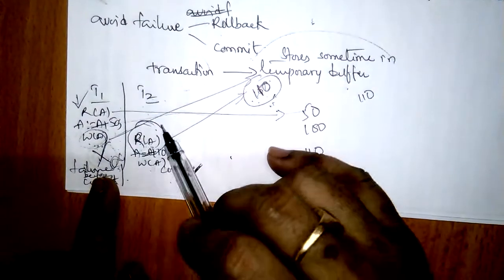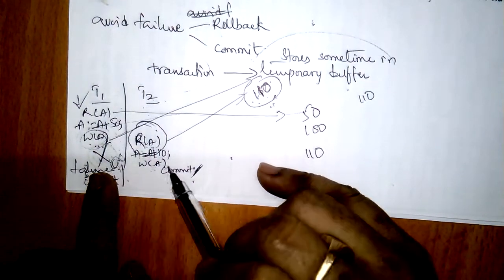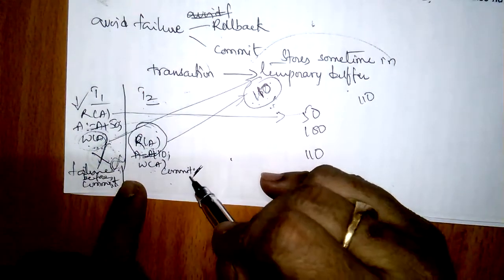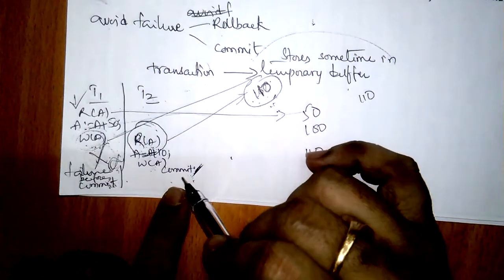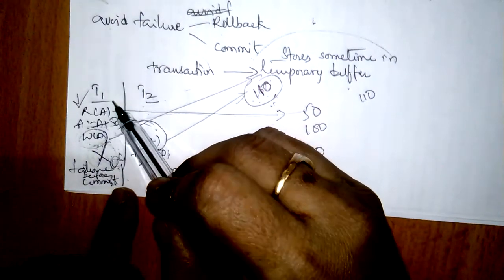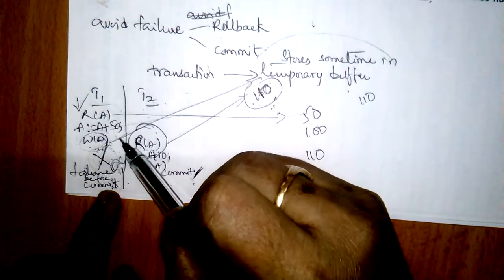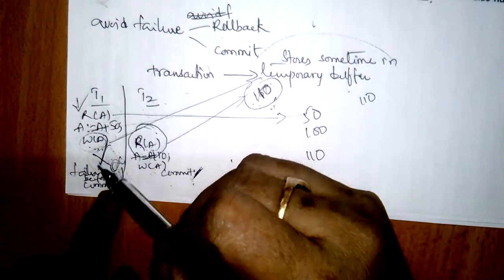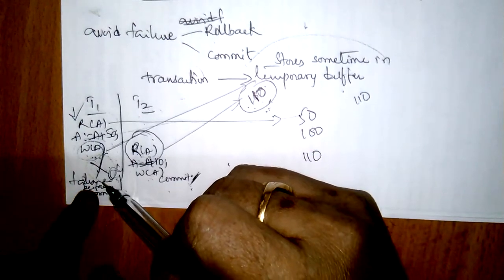Now T2 is trying to read that A value. It does some operation and commits. That means it is permanently saved in the database. But T1 is not permanently stored, and its transaction fails. There is some failure before permanently storing in the database.